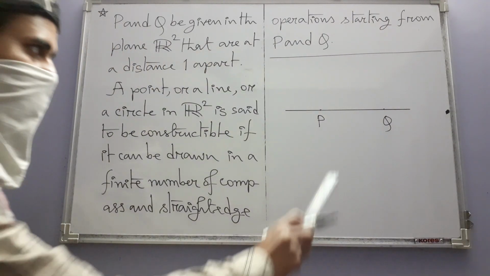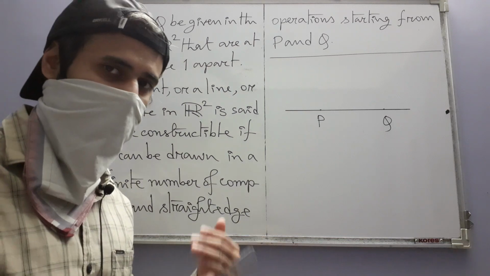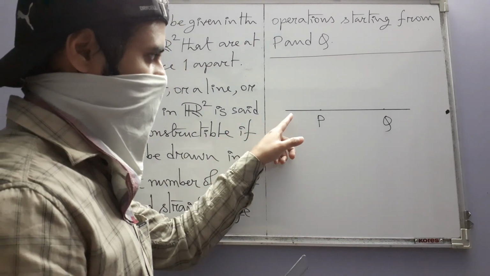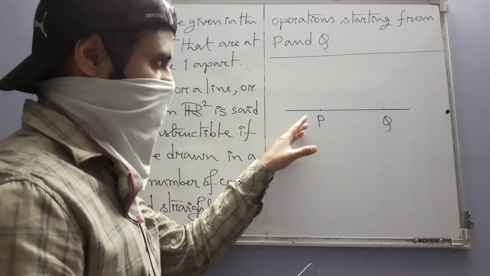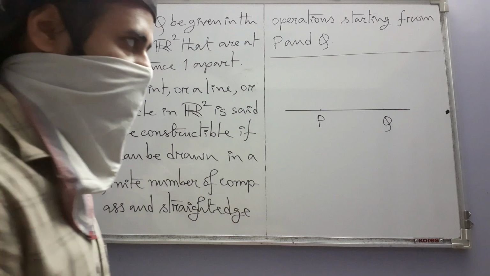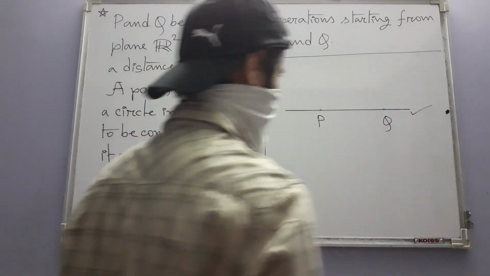So to get to this line, I have applied the compass and straightedge operation A, and that tells me that this line is constructible. So it's a constructible line.